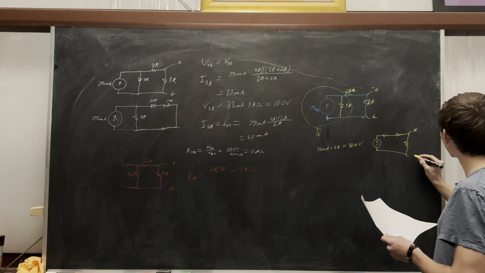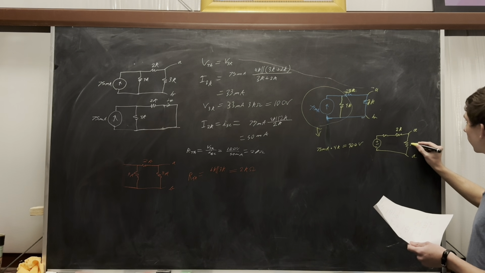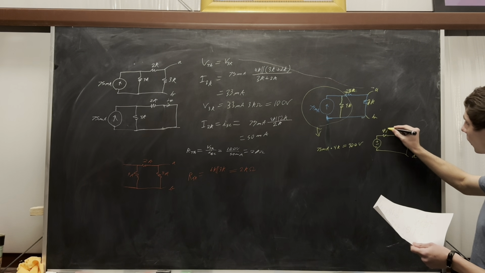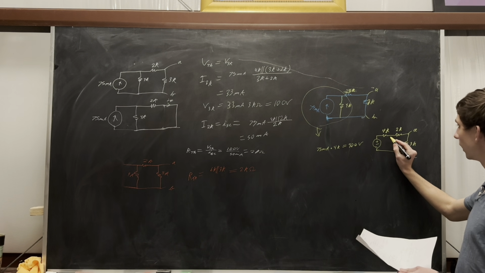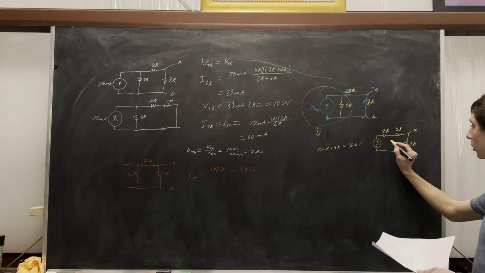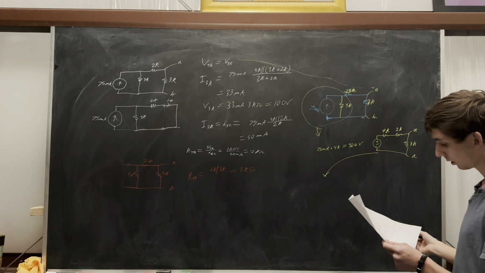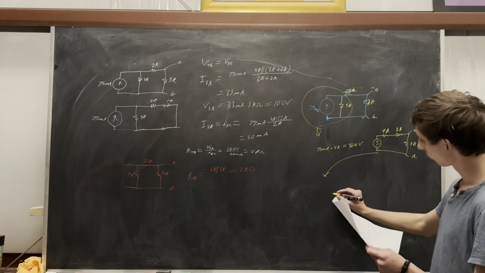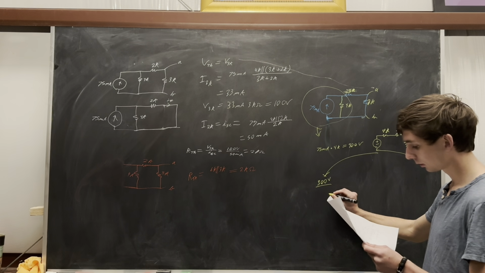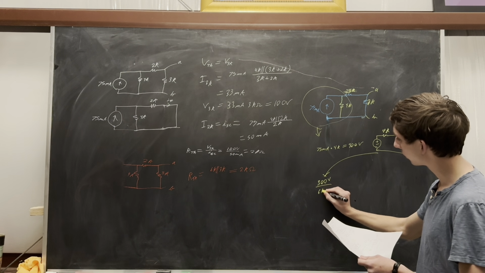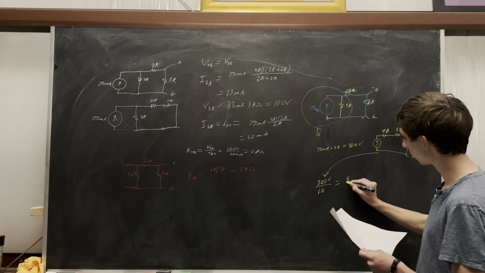This is still 2K and 3K and 4K. You can combine these in series and then do another source transformation. So show you that. 300 volts over 6 kilo ohms is 50 milliamps.